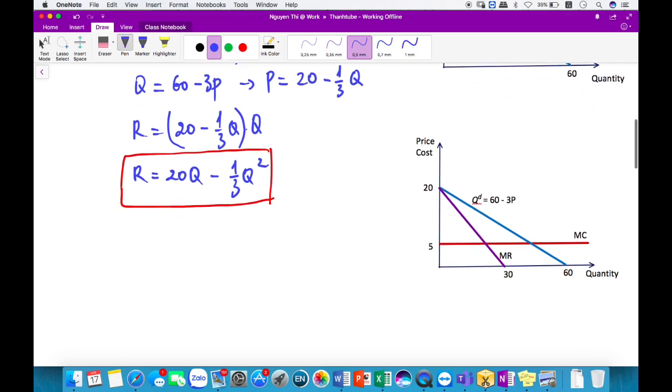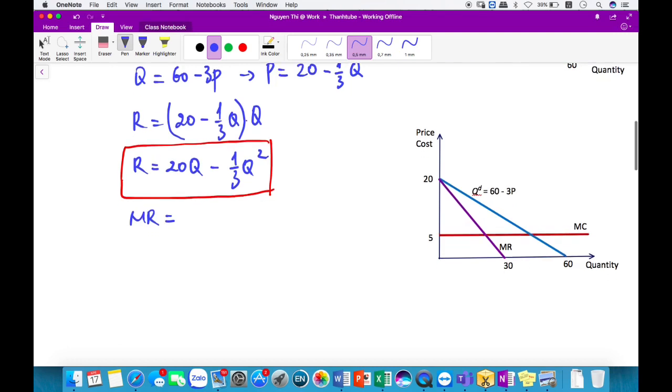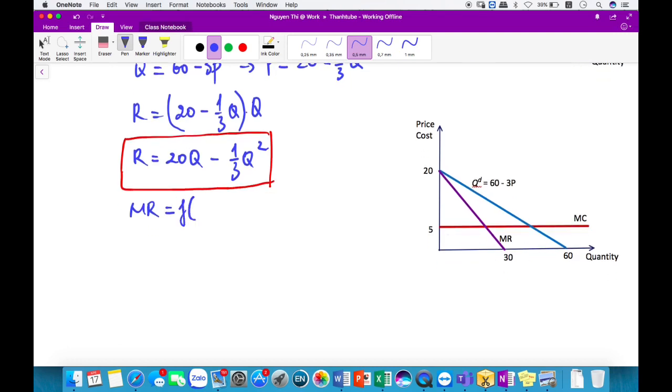And from this you can define marginal revenue. Marginal revenue is a function of quantity and represents the increase in revenue for an extra unit of output, equal to the change in revenue over the change in quantity, which we often denote as delta R over delta Q, or the derivative of revenue.